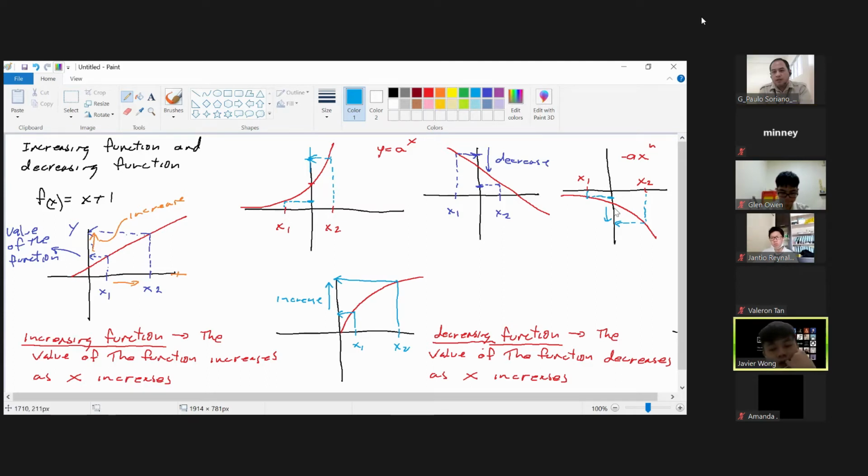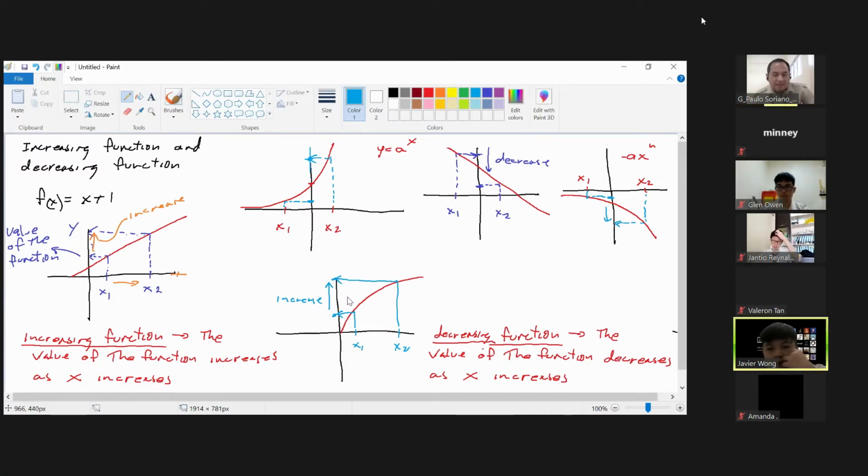Sure, the graph in the middle at the bottom, is that an example of increasing or decreasing? What do you think? x1 is around 1, the value there is 1. x2 is around, let's say, 4 or 5. Increasing or decreasing? Increasing, yeah.